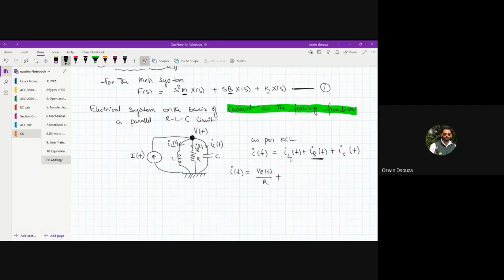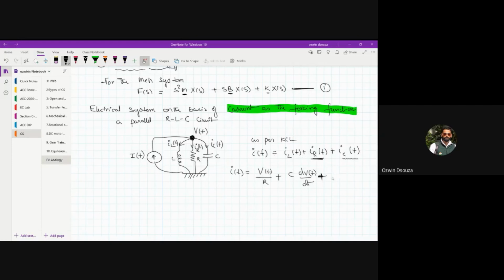The capacitor current is nothing but the rate of change of voltage, right? C times d. Sorry, I shouldn't have used this R subscript because the node voltage I have taken as V. So it is simply V of t. So current through the capacitor is nothing but C times dV of t divided by dt. So rate of change of voltage.